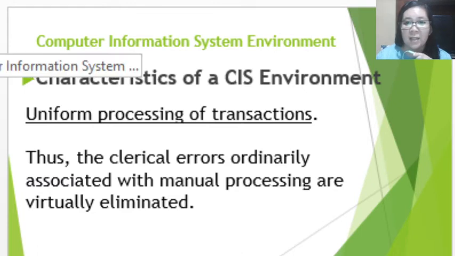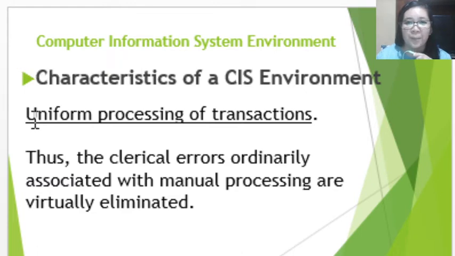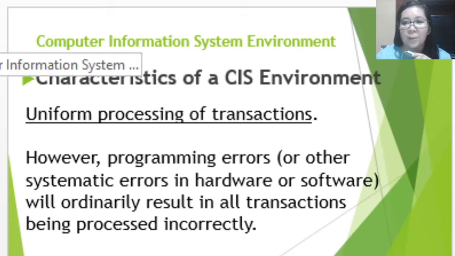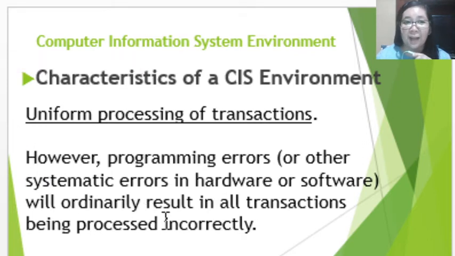That's how the CIS environment operates, and this will help in eliminating errors. However, programming errors or other systematic errors in the hardware or software will ordinarily result in all transactions being processed incorrectly.